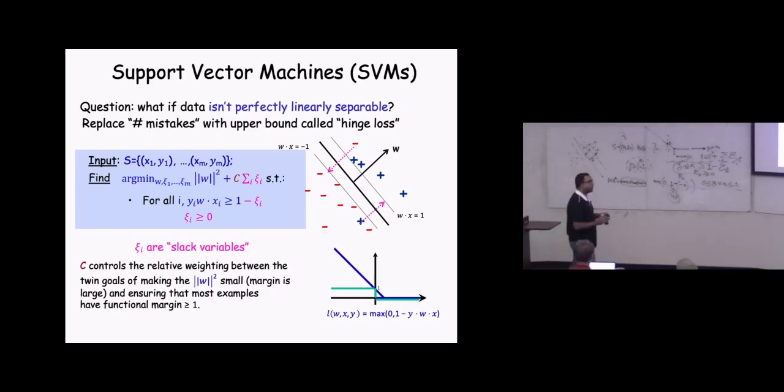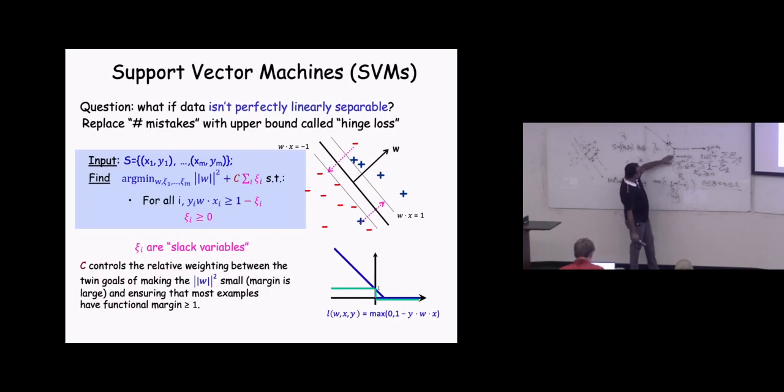Right? So with this formulation, what we are trying to do is essentially use a loss function like this to minimize these slack variables. Because we want these values to be greater than 1.